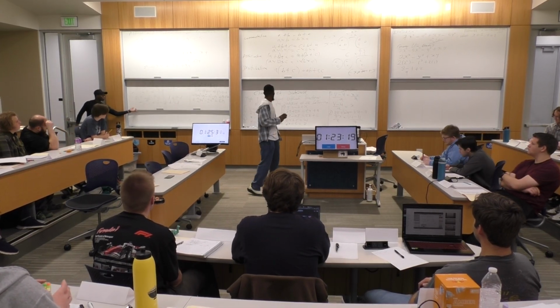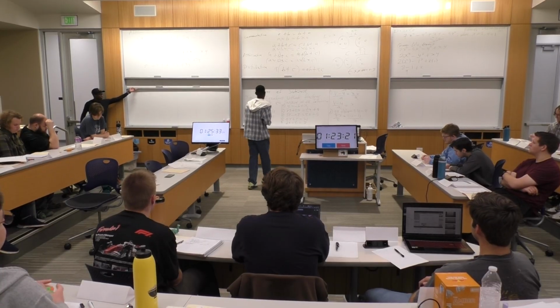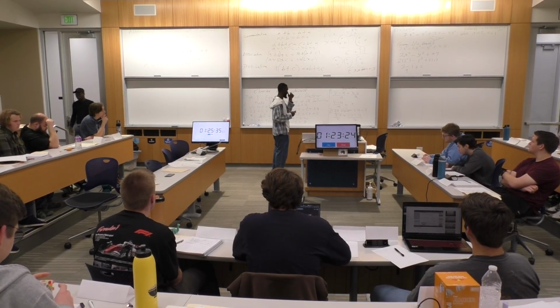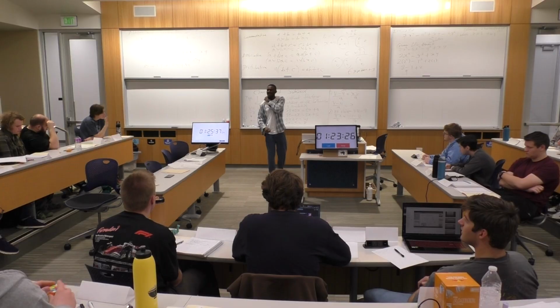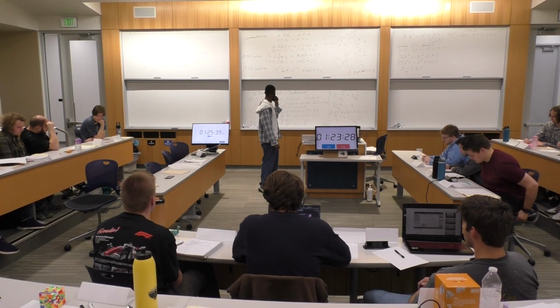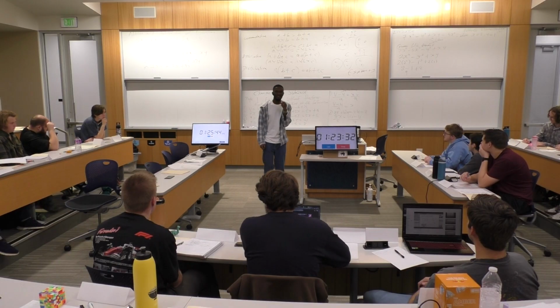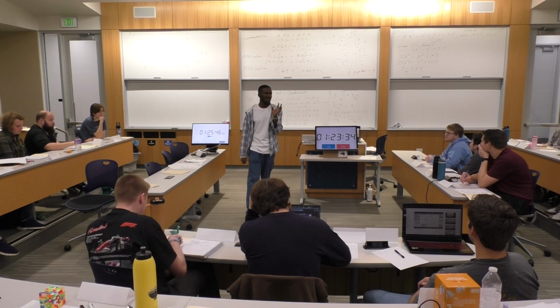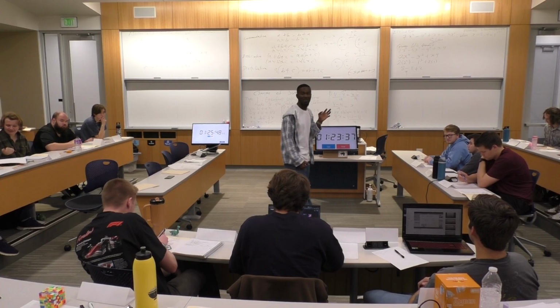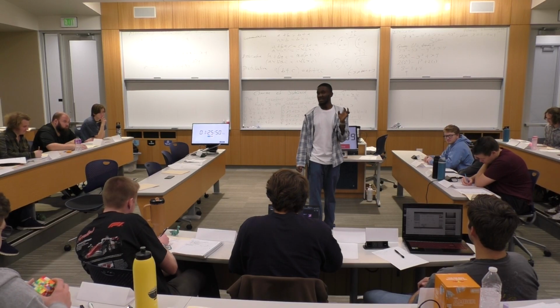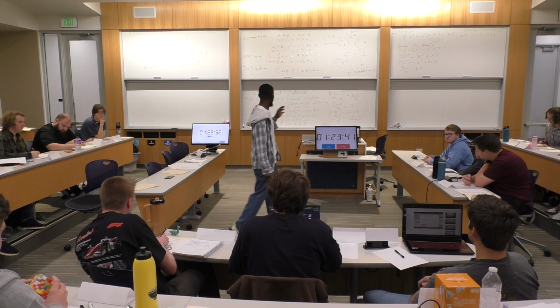Correct. What about number 6? I got x equals ry minus 4. Who got the same thing? Did any of you get the same thing? It's not looking like it.